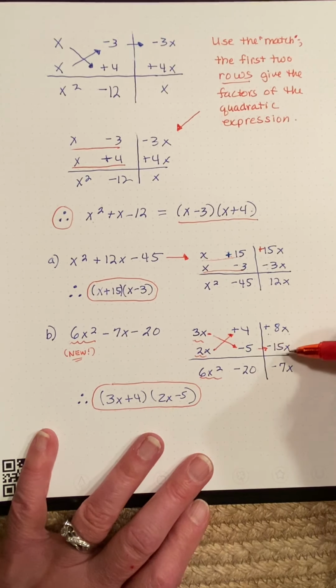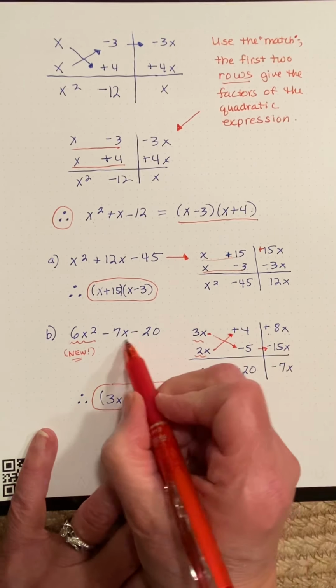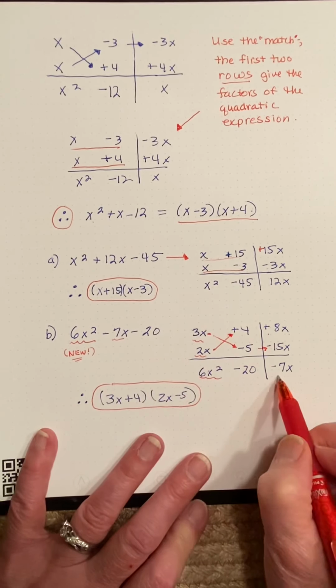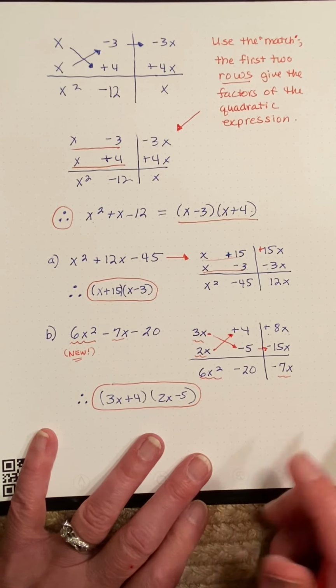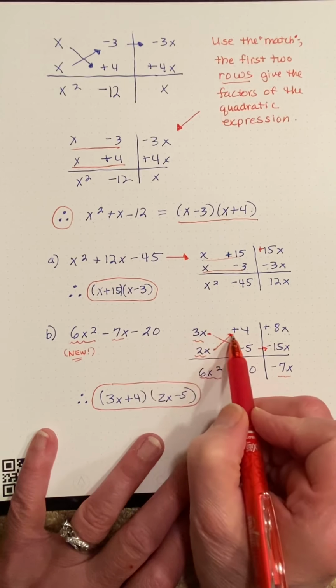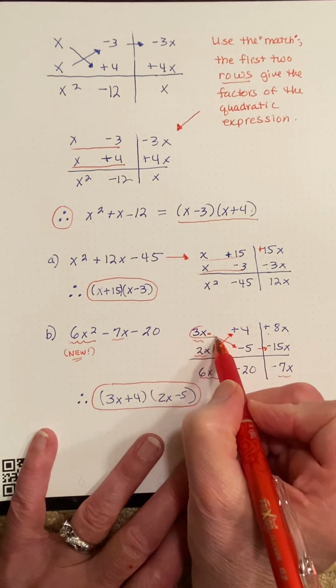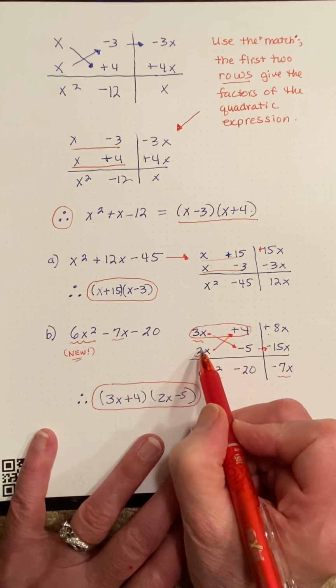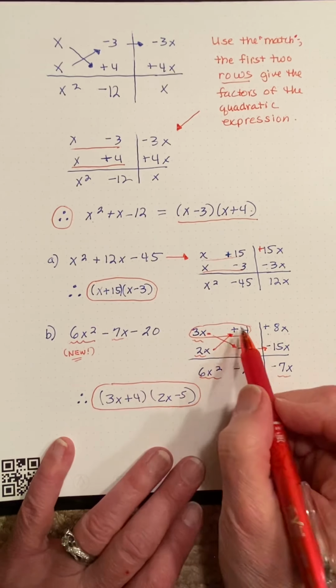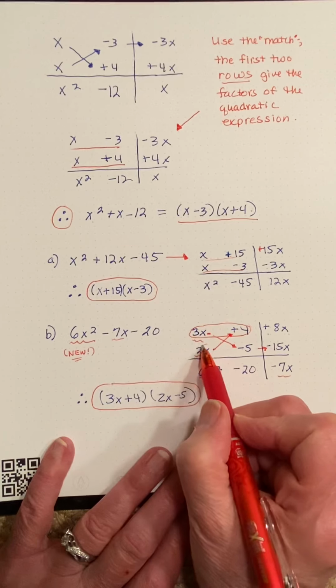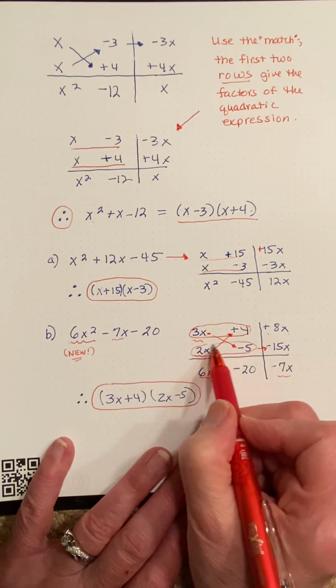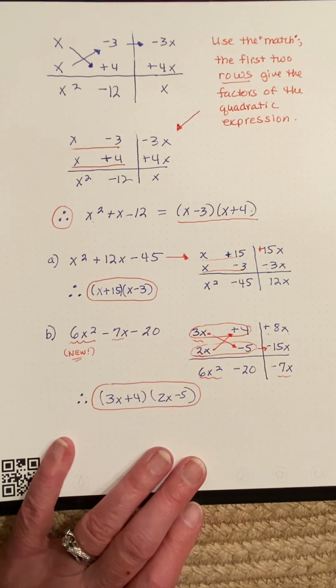I join these together, and positive 8x and negative 15x is a negative 7x, which matches what I need it to match. Now for my factors, I'm just going to go straight across from each other right here. So that's 3x positive 4 times 2x negative 5, and that is my answer.